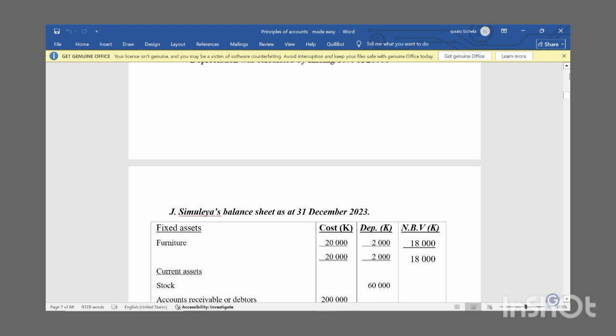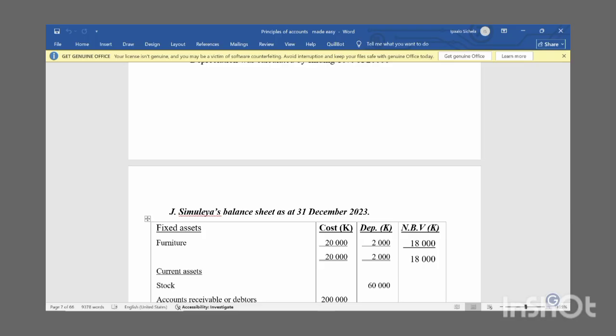Just write J Simulayers balance sheet as at 31st December 2023. If you are recording a balance sheet, you should write as at. But if it's the trading profit and loss account or income statement, it is for the year ended. Trial balance, it's as at.